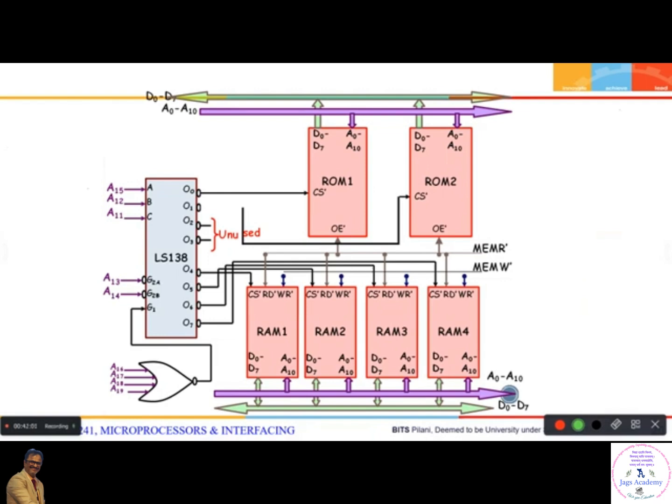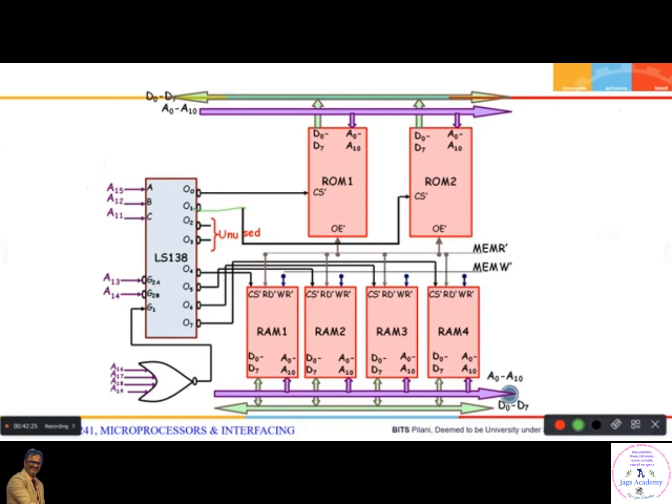There is a connection here, connected to the chip select of this. And according to that, these 3 lines are connected to RAM 1, RAM 2, RAM 3. And you can see D0 to D7, the data lines of the RAM and ROM, are also connected to the microprocessor.